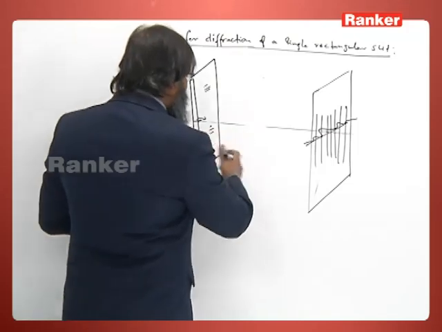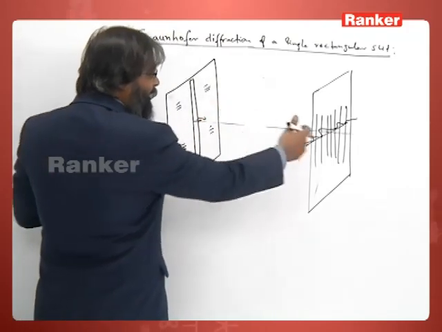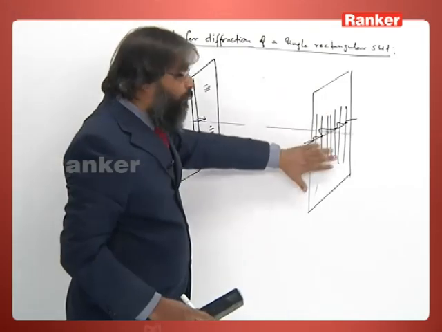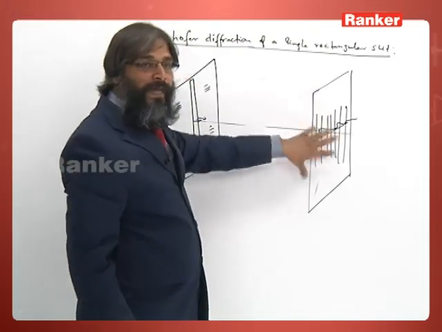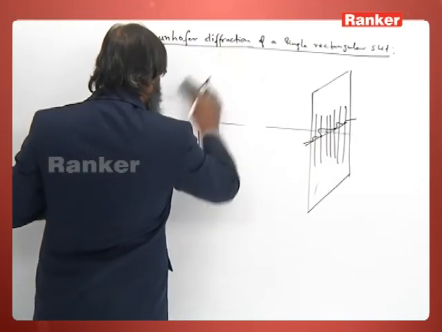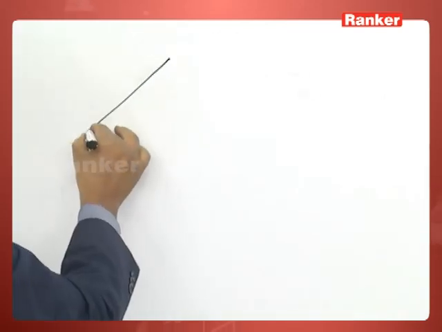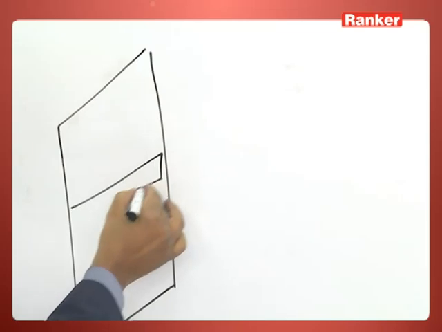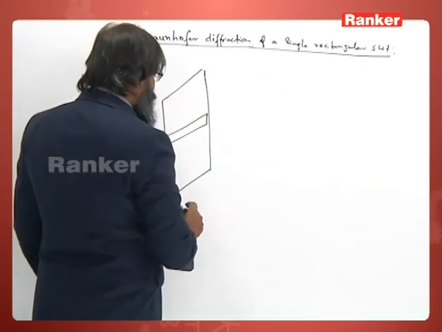To explain it better, I will draw a horizontal slit and show how that spreading of light will take place, how bands will be formed here, and what diffraction pattern is formed here. Then we will calculate it. Once again I am drawing. Now suppose this is my element and this time I have placed a slit like this.